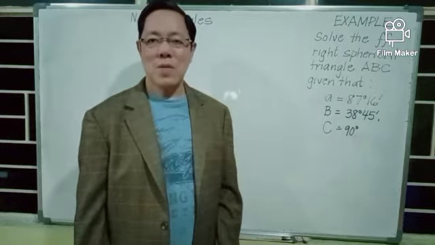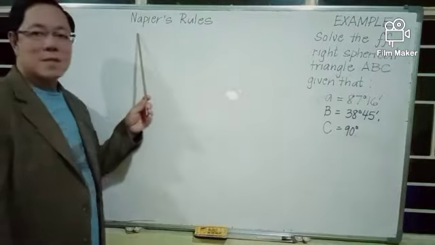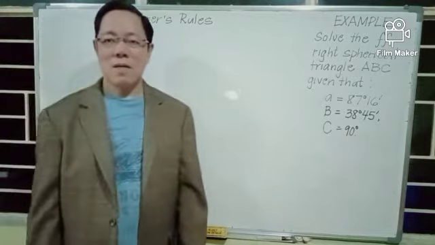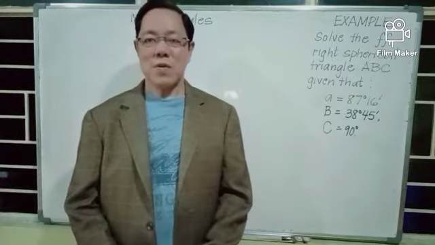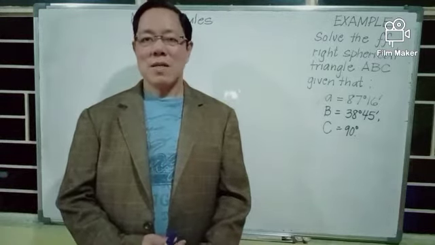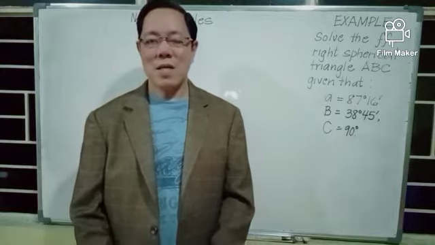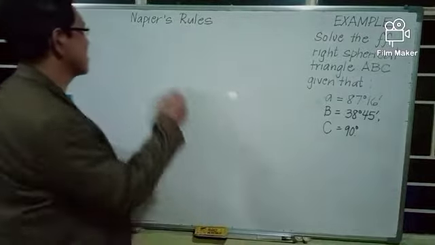To solve this right spherical triangle, we apply Napier's rule. Again, we state the Napier's rules, and there are two. The first one states that the sine of the middle part is equal to the product of the tangents of the adjacent parts. We write that in symbols.